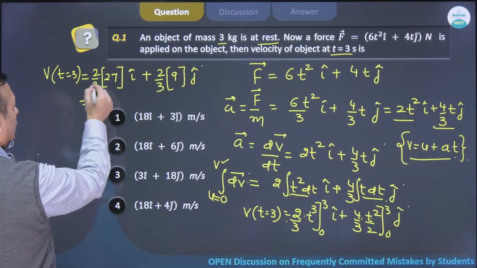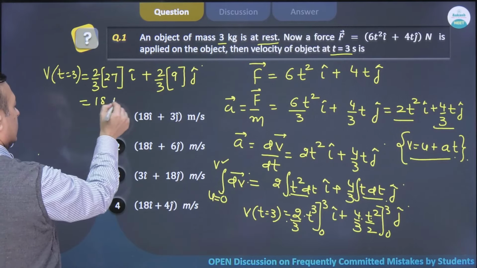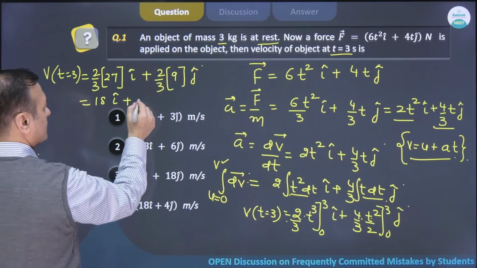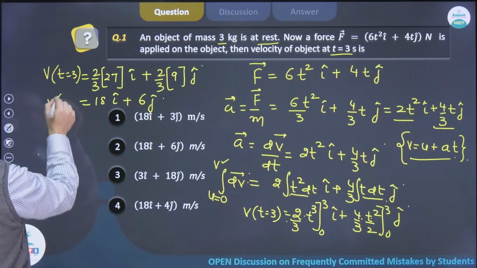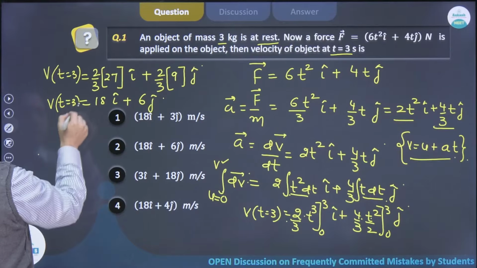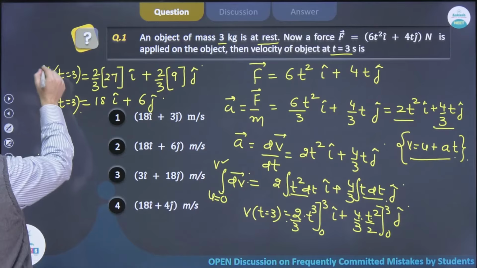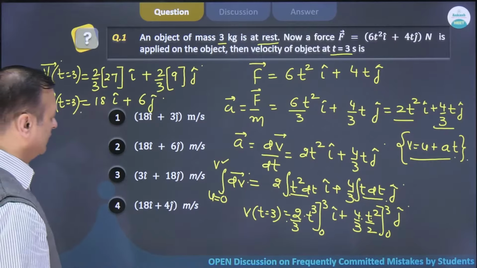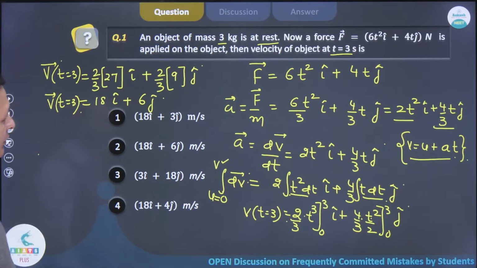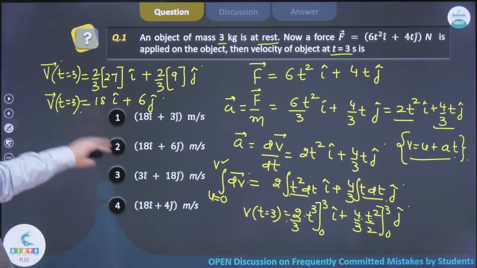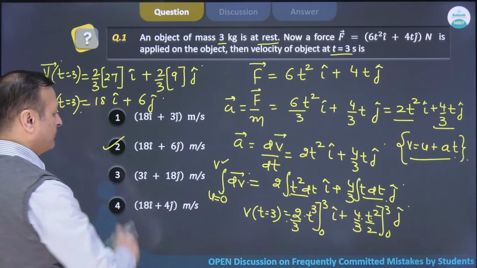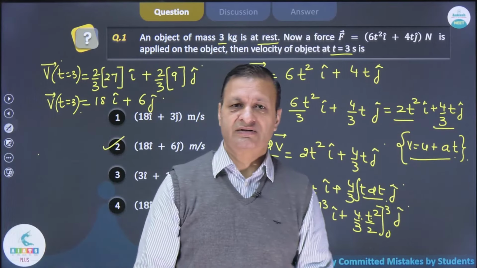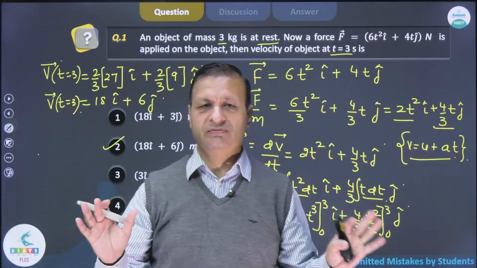So this gives you 18 i cap plus 6 j cap, and this is the velocity at the end of 3 seconds. Because we are using vector form, we keep the vector notation intact, and this is how we got the expression 18 i cap plus 6 j cap. So primarily this is the second answer we have. Any doubt from this part?